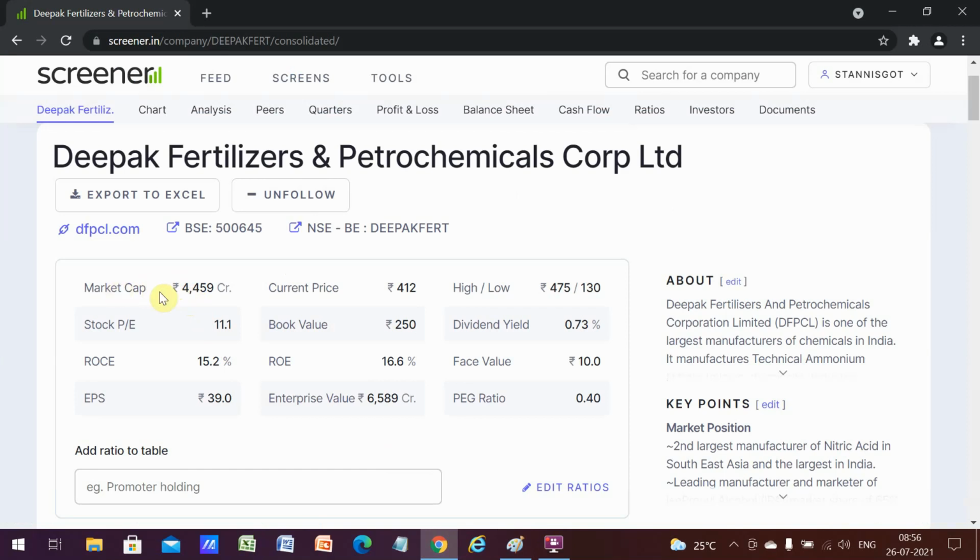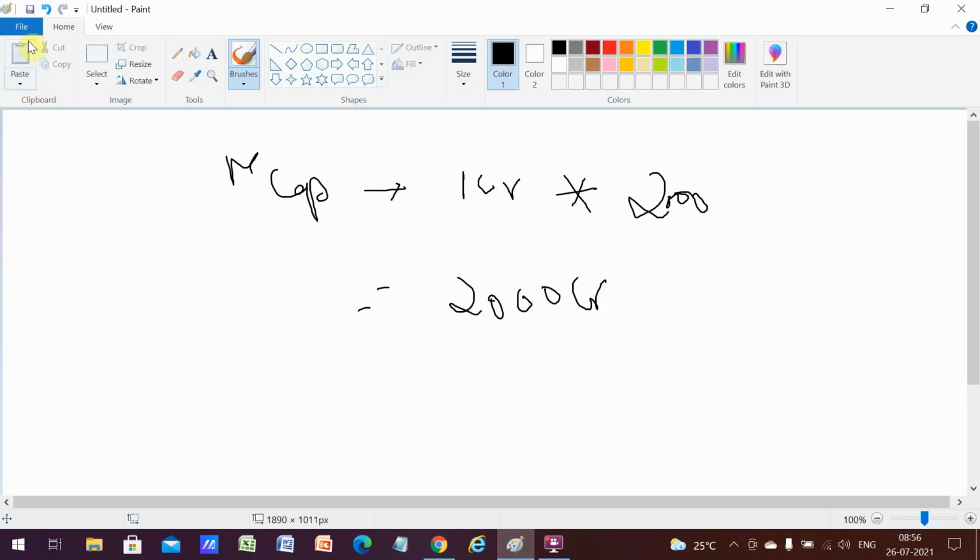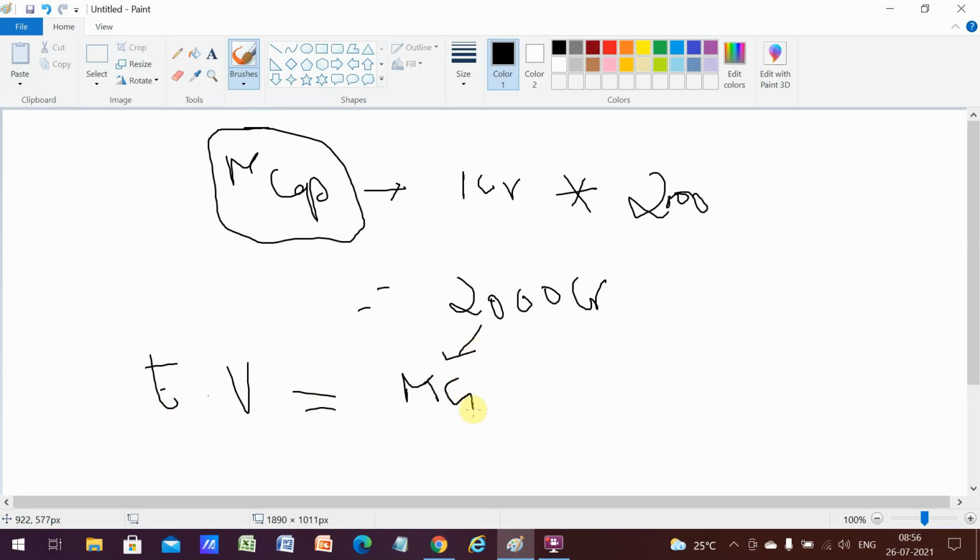So this is the market cap, but this is the enterprise value. Why is there a difference between both of them? In enterprise value, that is EV, we take into account the market cap. So for example, if you take this particular example, the market cap is 2000 crores.